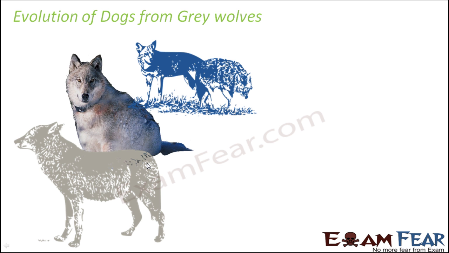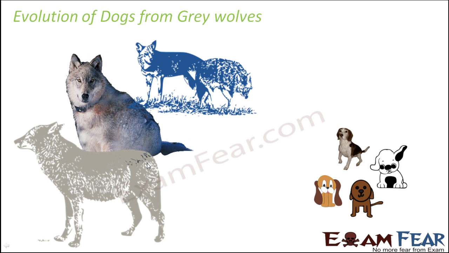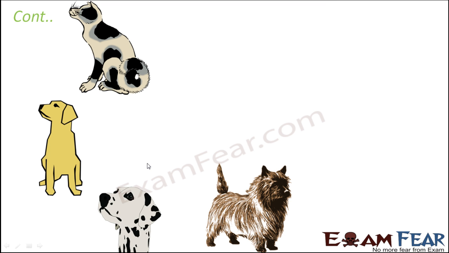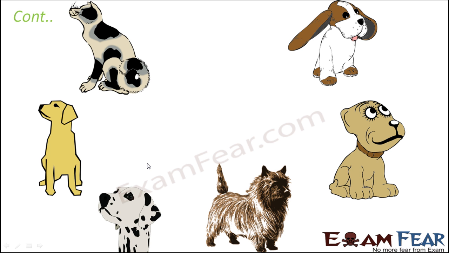So initially these grey wolves existed. From these grey wolves came up the different varieties of dogs which you see today. Now here it was not only a natural process, but it was also a lot of effort being put in by human beings. That is, artificial breeding also played an important role here, where we see that these many varieties of dogs were being formed by selecting the desirable traits.